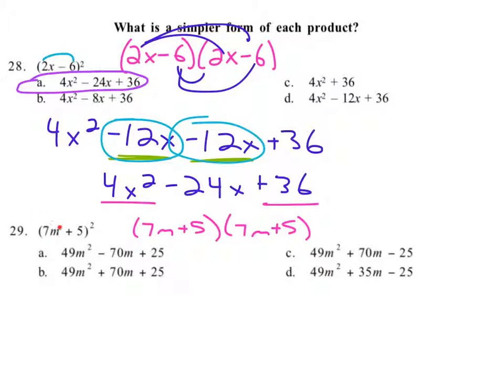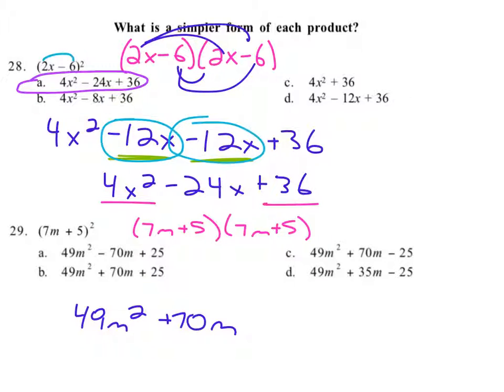I'm going to say here, take the first term and square it, 7m times 7m, 49m squared. For the middle term, we are doing the two terms multiplied together and doubled. 7m times 5 is 35m, and then double it to 70m.